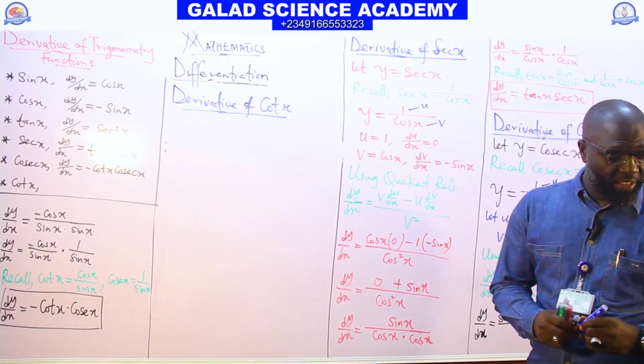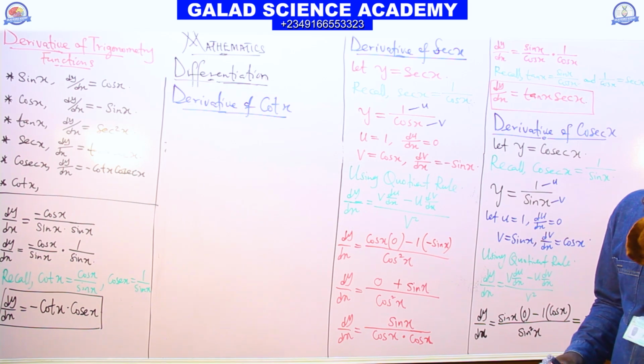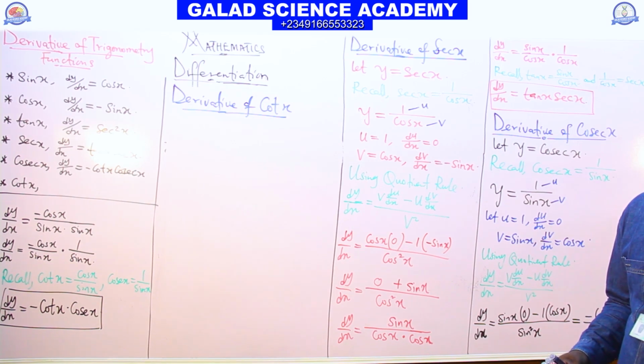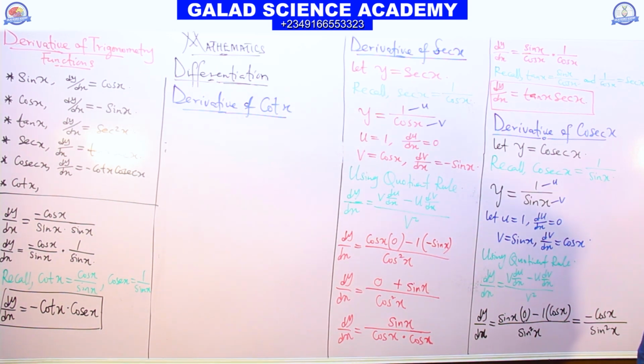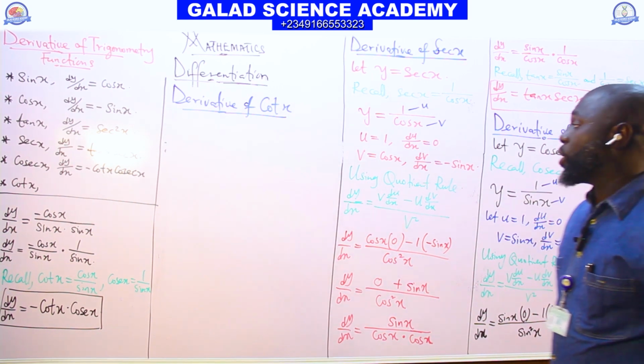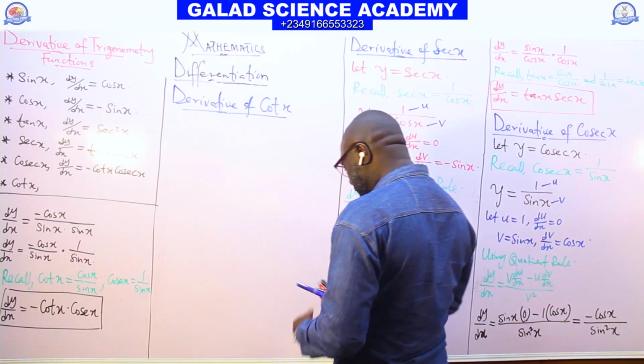To find the derivative of cot x, we need to write cot x in the form of cos x over sine x. Let us redefine it.